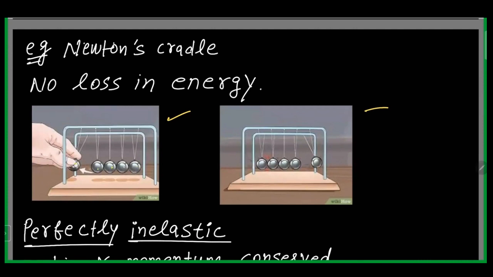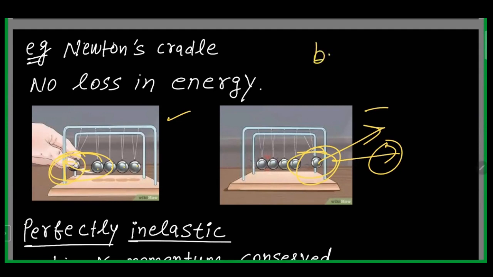If you displace the first ball and then let go, it will hit and only one ball from the other side will move. So one ball displaces one ball. If you displace 2 balls, then from the other side also 2 balls would be displaced. So one ball displaces one ball, 2 balls displace 2 balls. This is known as the perfectly elastic collision.